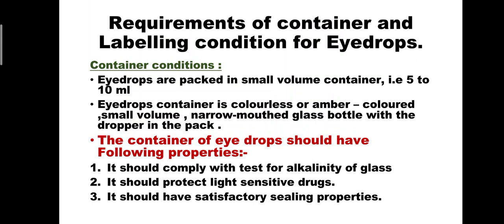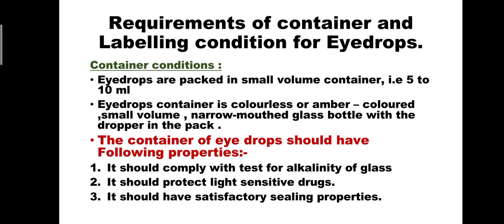Next point, the container of eye drops should have the following properties. It should comply with the test for alkalinity of glass. Second, it should protect light sensitive drugs, because sometimes drugs deteriorate in the presence of light.